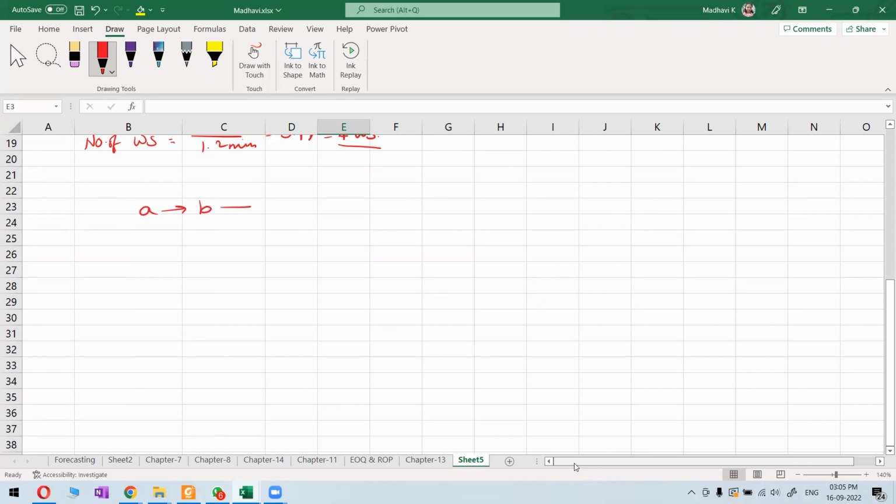A followed by B, followed by C, and C followed by D. So now we are designing workstation 1.